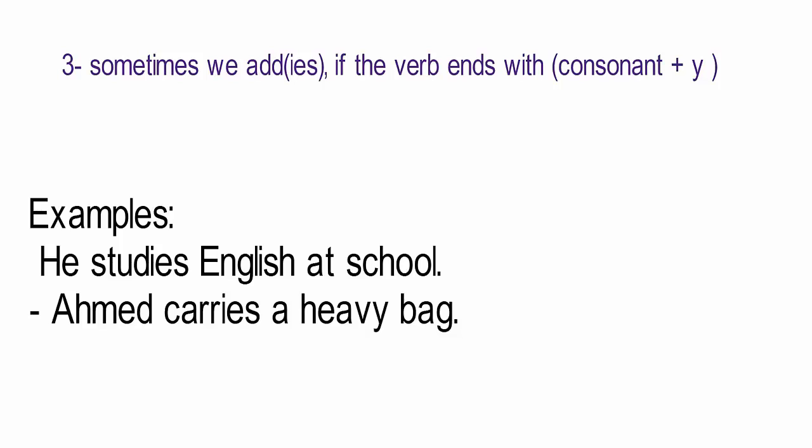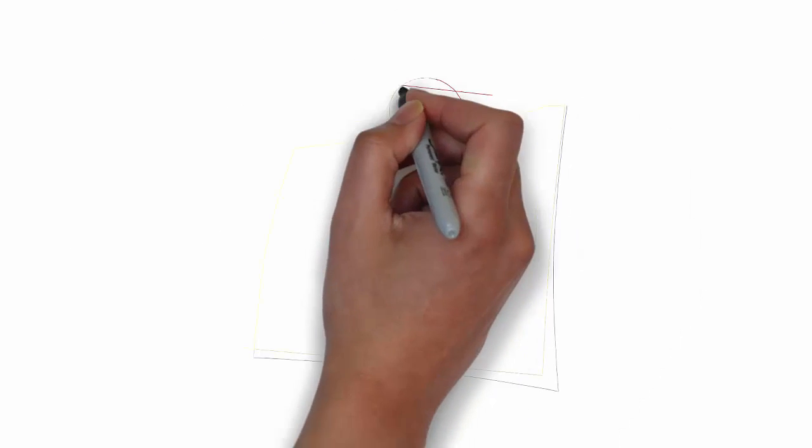The verb study, before the y we have the d, so we change the y into ies. The verb carry, it ends with y, and before the y there is r. So we change the y into ies. So that's it for the second team. So remember, if the subject is he, she, it, or a singular noun, you can add s, es, or ies.